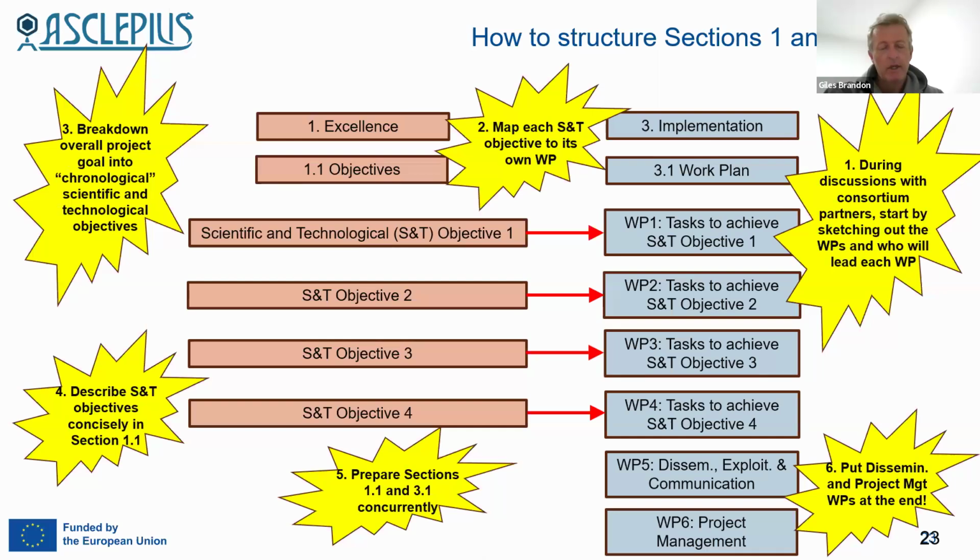Too often, if I don't emphasize this or the consortium doesn't do it, what happens is, if you look in the second column, implementation at the bottom, there's work package 5 and work package 6. Work package 6 is project management. Very often, the consortium will put the project management as work package 1.